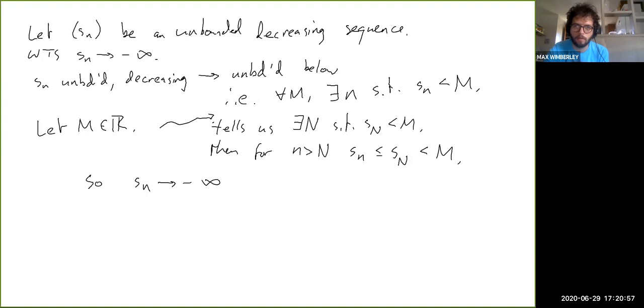Let's try this one, and I'll put you guys into groups for this one. So let S1 equal 1 and Sn plus 1 defined by a rule. After this, I have two problems in mind.